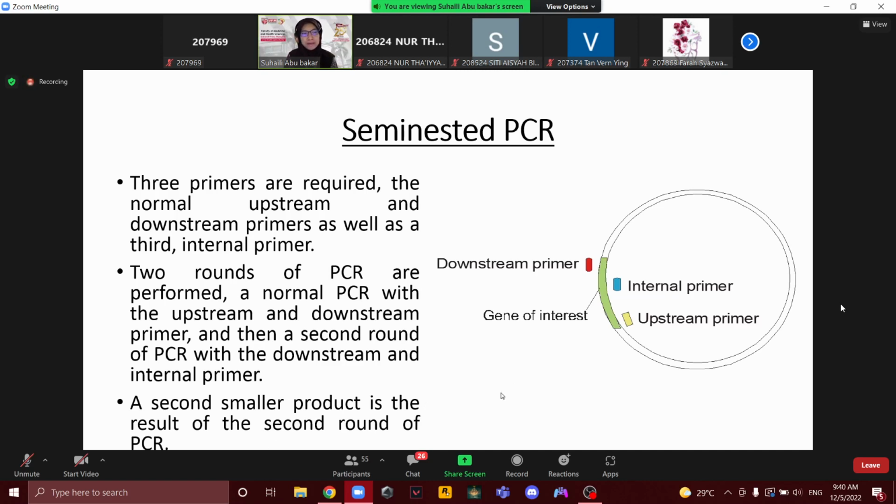And then more to the pure product. 2 rounds of PCR. Here they also use 2 PCRs. Perform a normal PCR with the upstream and downstream primer, and then a second round PCR with the downstream and internal primer.